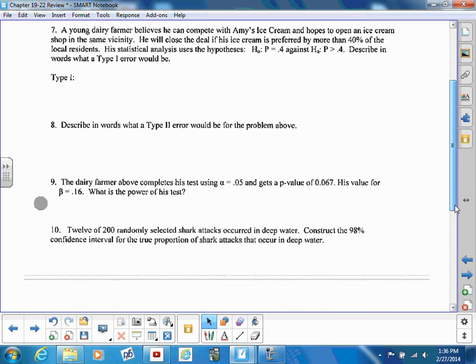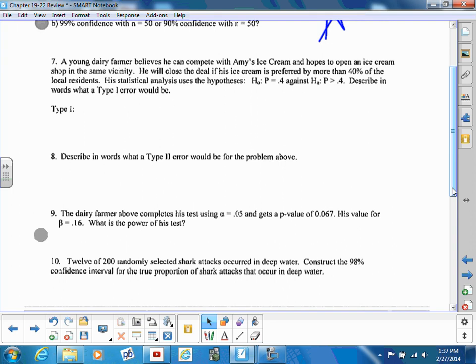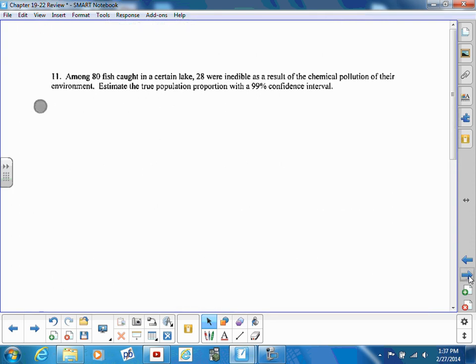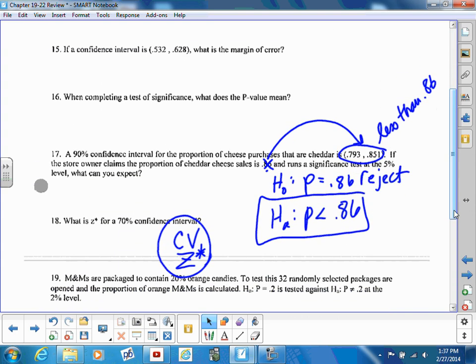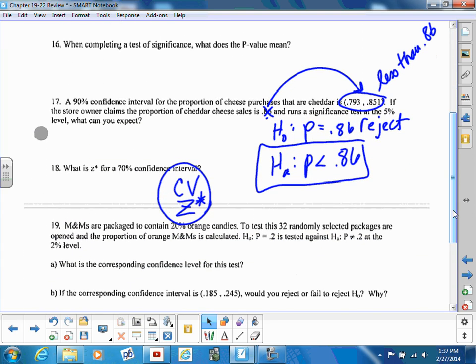And then you did the rest of these. Those are on the key, and those are fine. 11, and we did 12 and 13 yesterday. 14. Okay. Now, here's what I want to say about 17. So I just kind of add in a few little things to make sure we do everything exactly right.